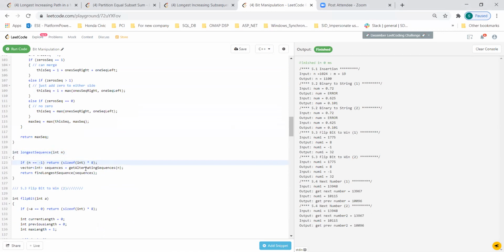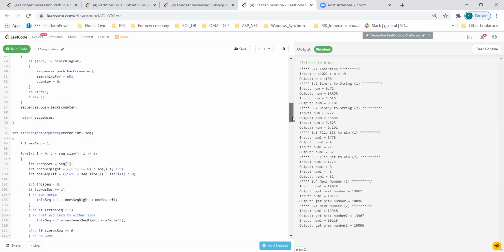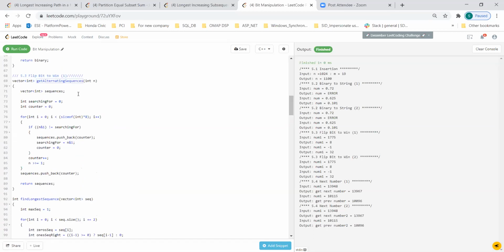Or else we convert them into this array of sequences. Get alternating sequence, this function converts this. What it does is it goes through n.